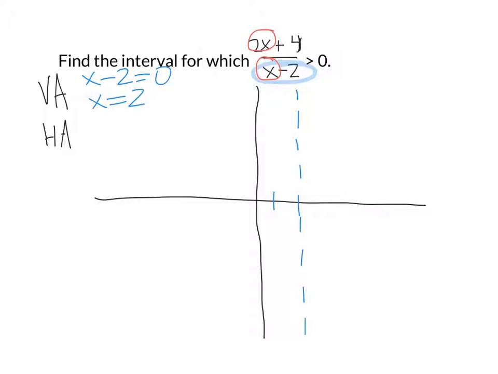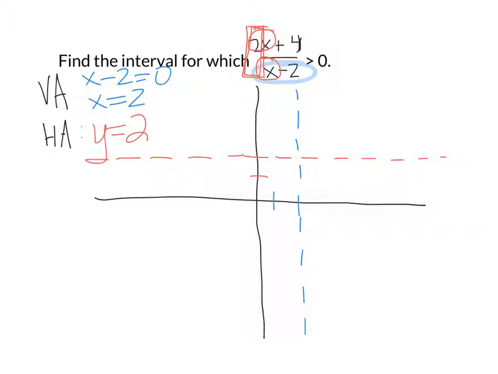So in order to figure out the horizontal asymptote, we look to the coefficients. We have a 2 on top and a 1 on bottom, which means we have a y equals 2 horizontal asymptote. So we make our dashed line through positive 2, and that's your horizontal asymptote.